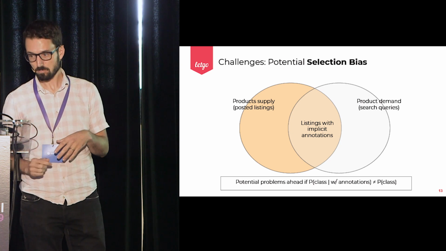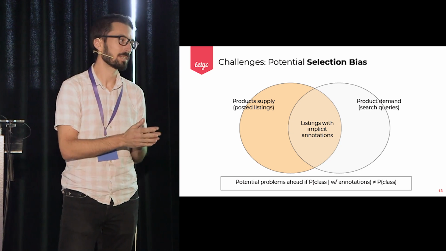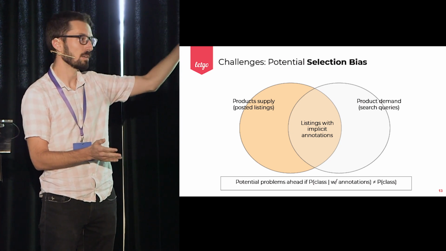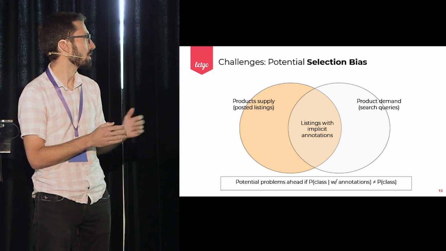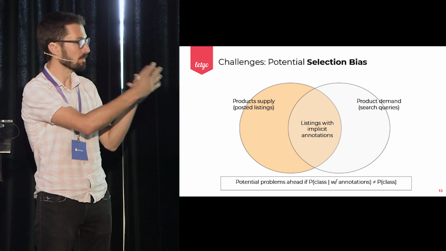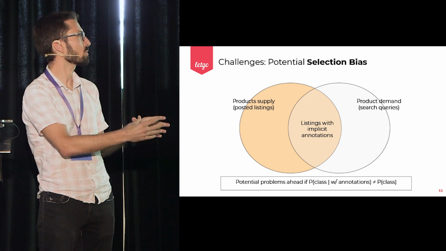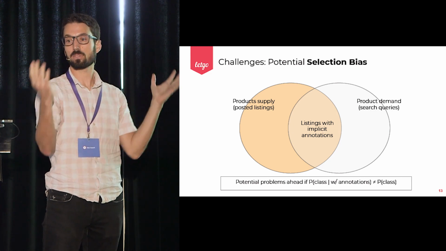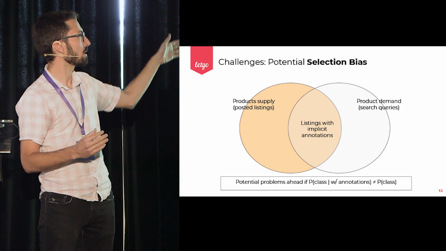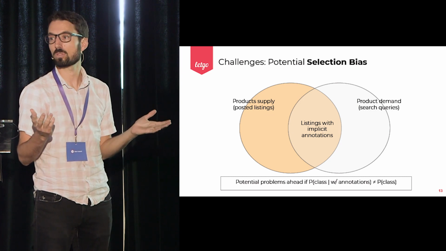Now, obviously, if the probability of each class under this sample schema, so the listings that were posted and also were contacted by a search query, is different than the probability of the class in the ensemble of product supply, then I may run into problems, right?